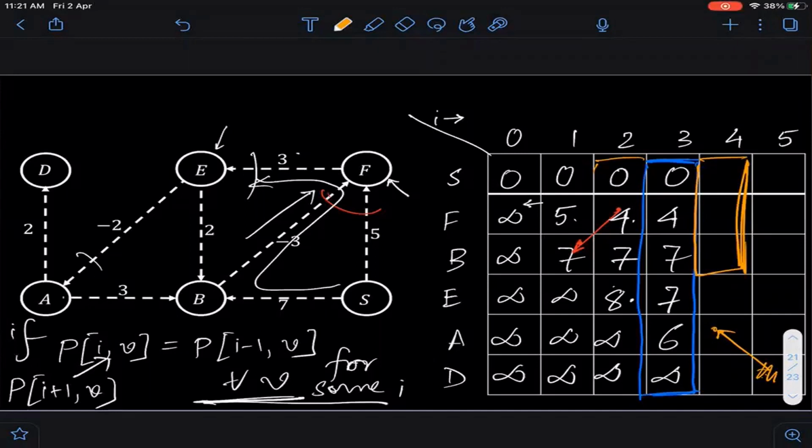What do I mean by the last pointer? It means कि last time जब ये update हुआ था, तब ये जहां से inherit किया था वो store करना is actually enough. Okay, so it suffices to store the last vertex that was responsible for the updation of this particular guy.